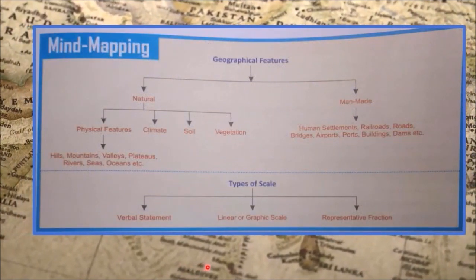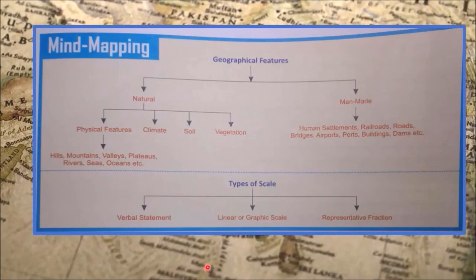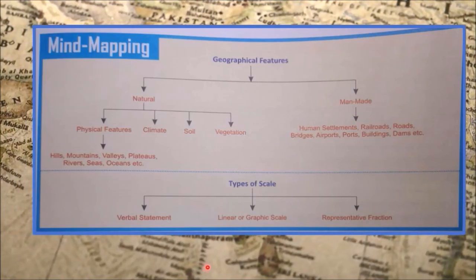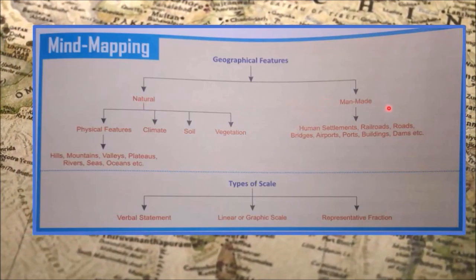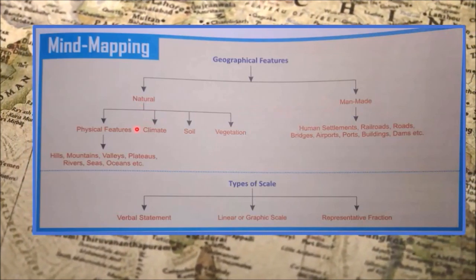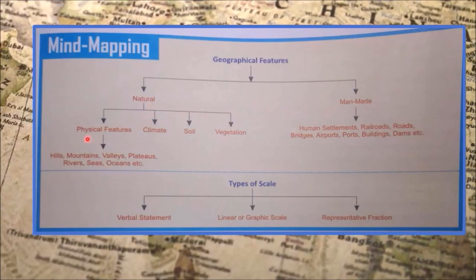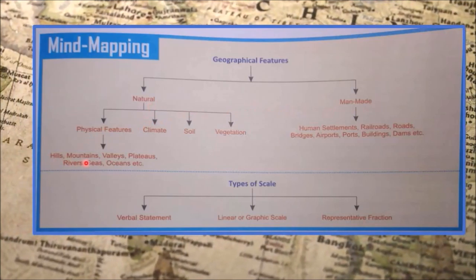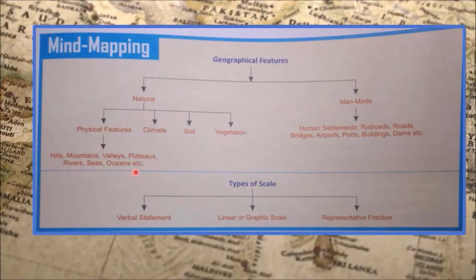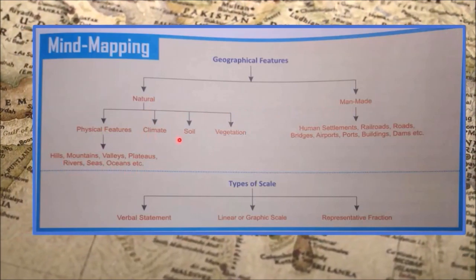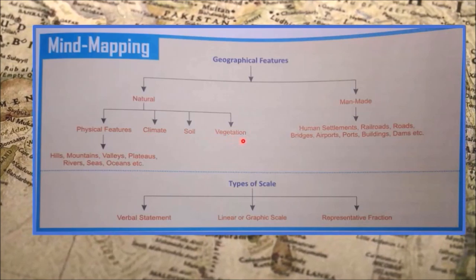So students, let's revise the lesson that we have learned in part 1. Geographical features are either natural or man-made. Natural features are physical features such as hills, mountains, valleys, plateaus, rivers, seas, oceans, etc., climate, soil and vegetation.